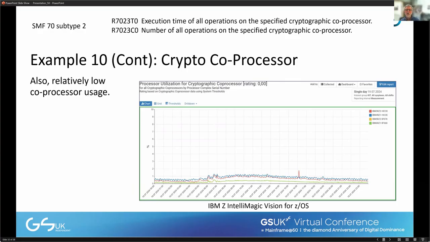So another example of the crypto coprocessor: we're looking at basically the percentage breakdown, rather than that previous chart, to see how intensely that coprocessor is being used for this kind of work. And this is based on SMF data now, rather RMF data that is stored in SMF.